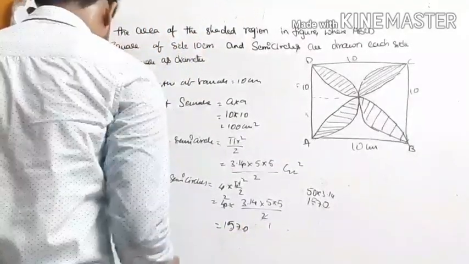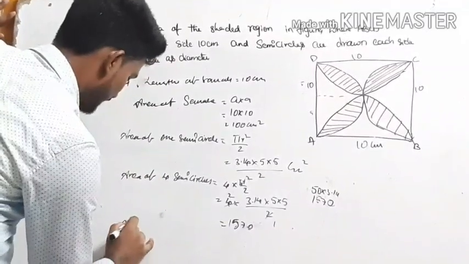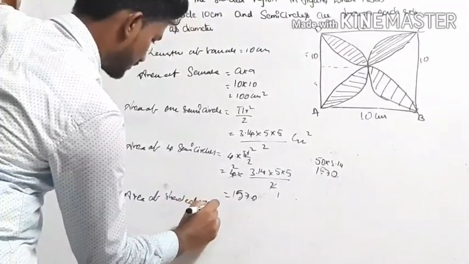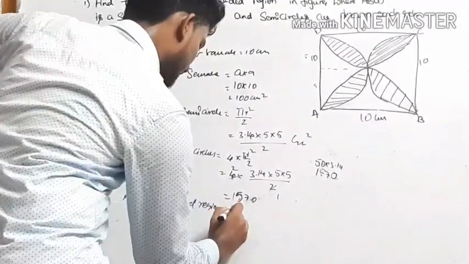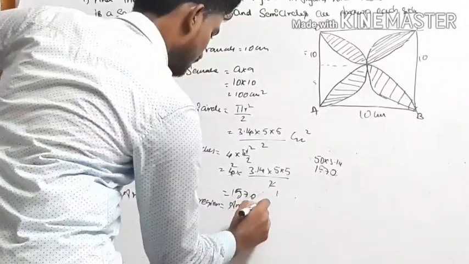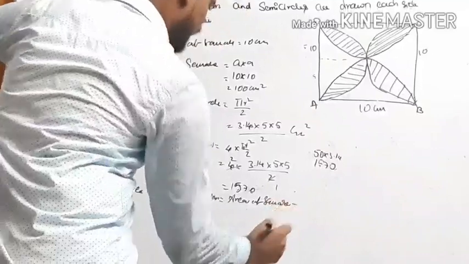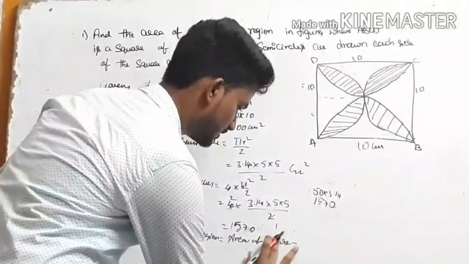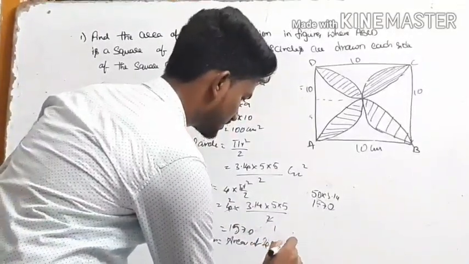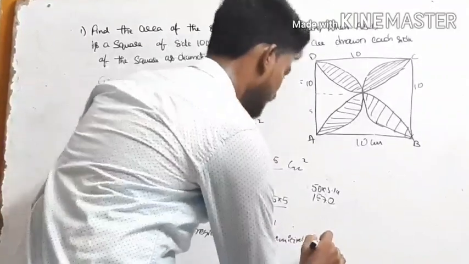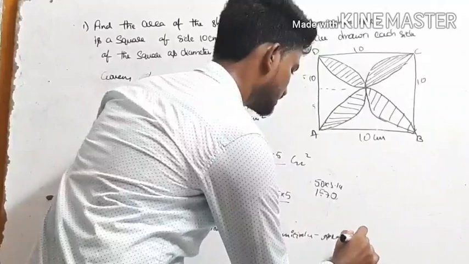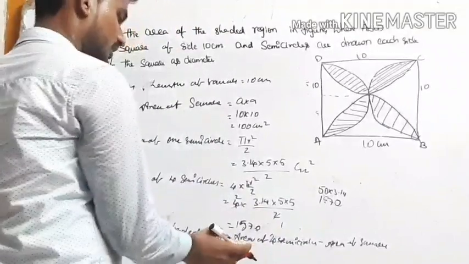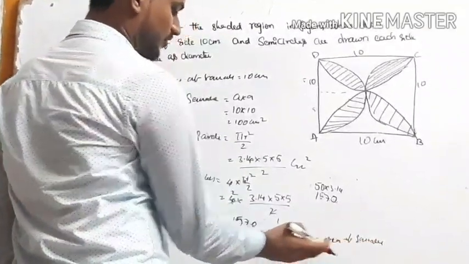Then you know that the area of the shaded region equals the area of 4 semicircles minus the area of the square. The area of the 4 semicircles is bigger than the area of the square, so we subtract the area of the square from the 4 semicircles.